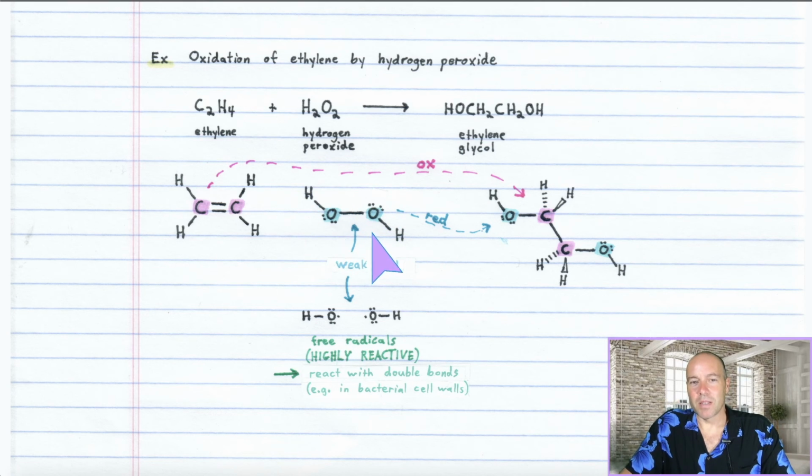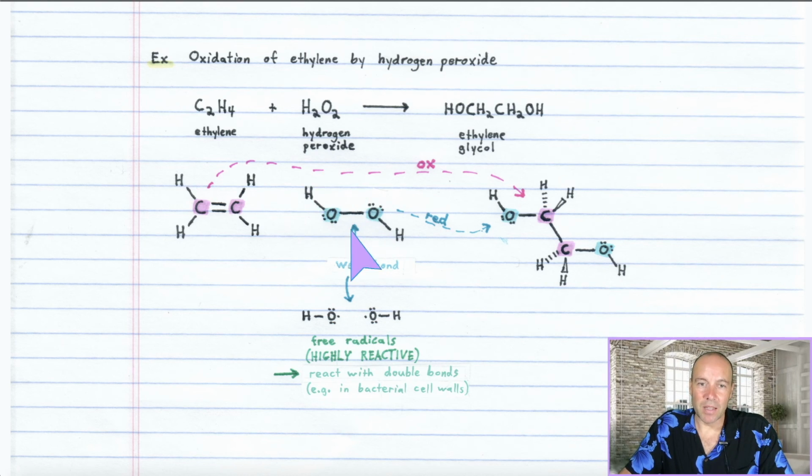This substance is good at killing bacteria. And the way this works is the oxygen-oxygen single bond. This is a rather weak bond, and it's pretty easily cleaved, meaning split in two, with the electrons going back to both oxygens. It does this rather easily.